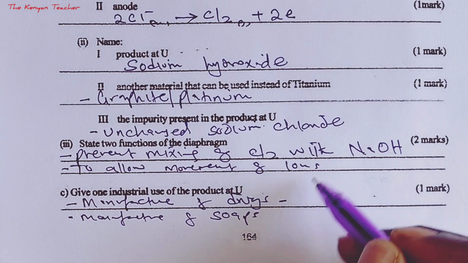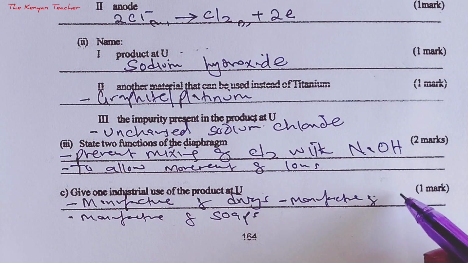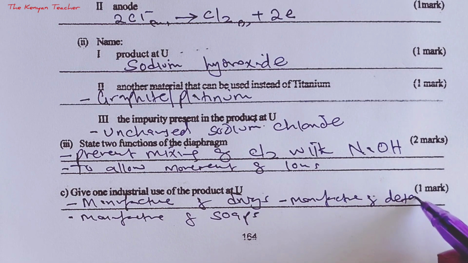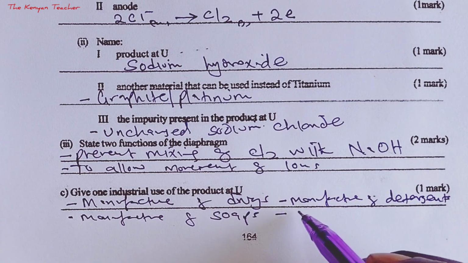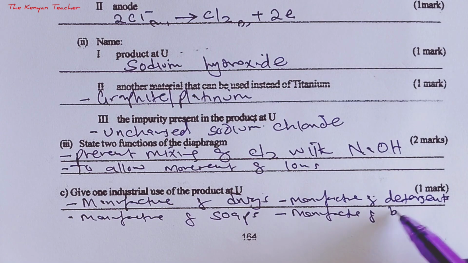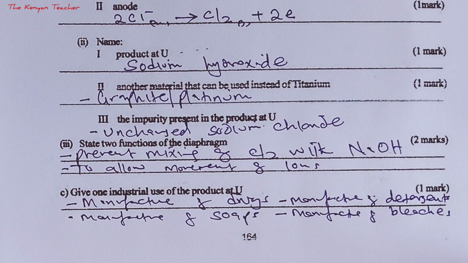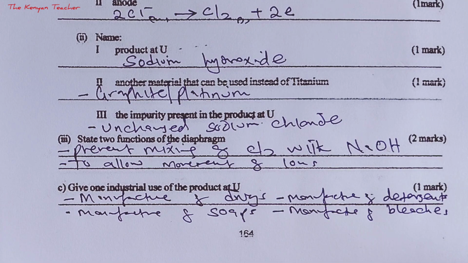We have manufacture of detergents as well. Detergents, here we are talking about the soapless ones. And we also have manufacture of bleaches or bleaching agents. Anyone would score for that section.